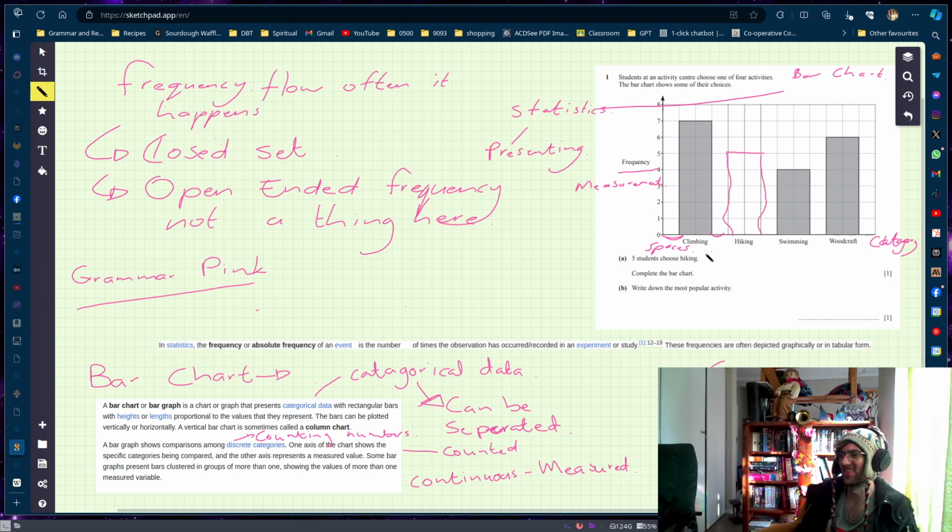A little wobble. Okay. Write down the most popular activity. So this is pretty simple. We look for the one that's the highest. This one is a 7. This one is a 5. This one is a 4. And this one is a 6. So the most popular one then is going to be what? Climbing.